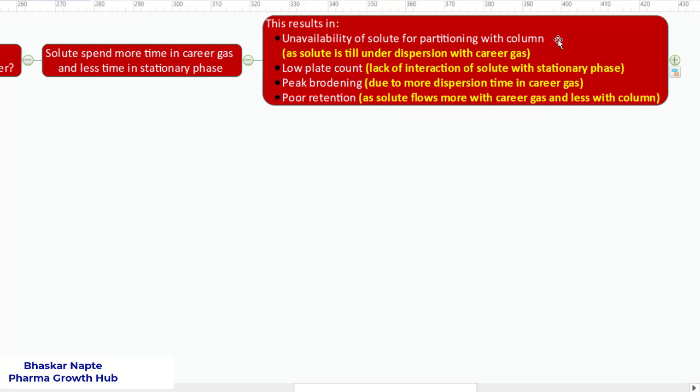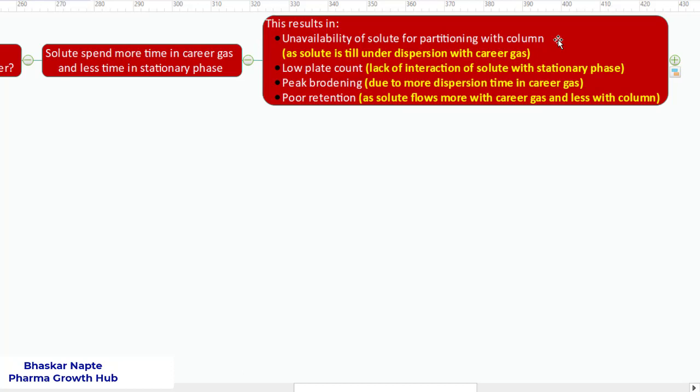But in this case, if the molecular mass is more and there is a good amount of dispersion time, there will be a lack of interaction of solute with the stationary phase, because the solute is busy interacting with the carrier gas, busy with dispersion. Hence the solute will have lesser interaction with the stationary phase, and that can result in a low plate count.